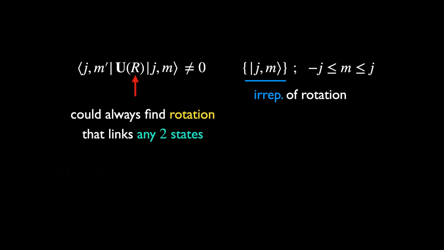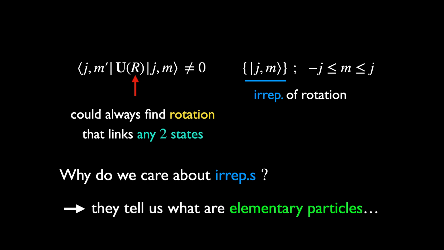But why do we care about such representations? The answer is that they will tell us what are elementary particles. The key idea is this: the same particle can come to us with its spin pointing in various different directions, but nevertheless, we would still identify it as the same type of particle.